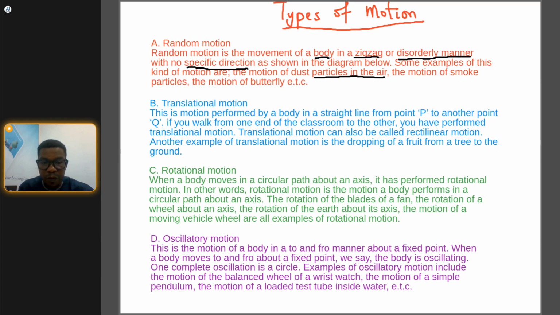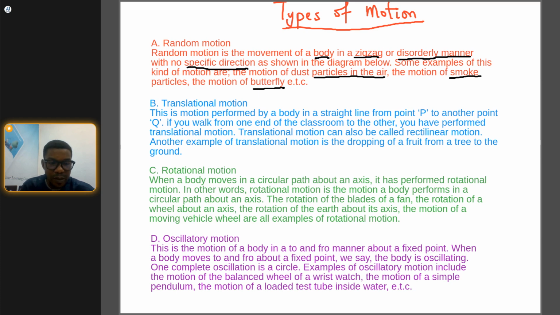The motion of smoke particles also undergo random motion. And also the motion of what? A butterfly. So this is what we call random motion. Random motion is a situation whereby a body moves in an indefinite direction, or let's say moves in a zigzag manner. So it's said to be a random motion.